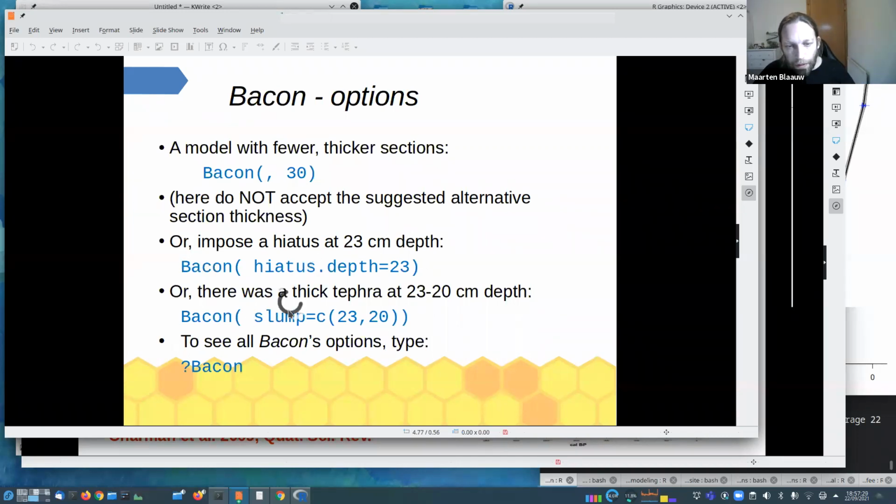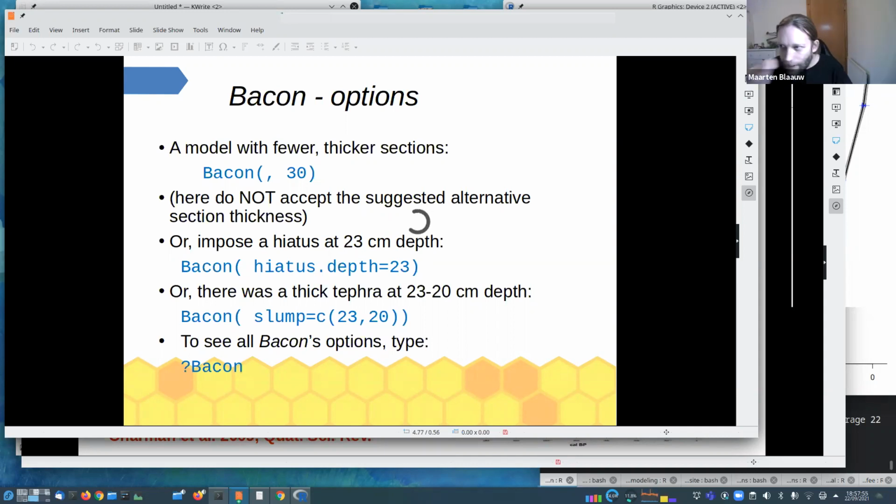There's also a thing called a slump, which is perhaps a badly named thing, for, what do you call it, like a turbidite, or something which accumulated instantly or almost instantly in your core. For example, a tephra layer which was deposited instantly in an otherwise constantly accumulating core.